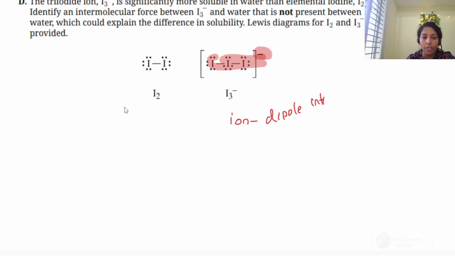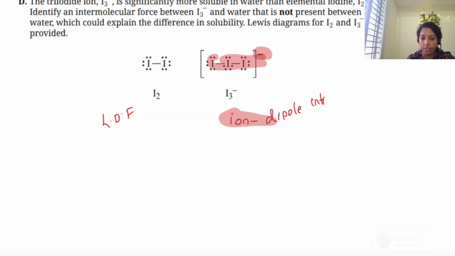And here what about I2? I2 is a non-polar molecule. So definitely there is only London dispersion force between I2, a non-polar molecule. So it's an induced dipole interaction between I2 and water. So no need of writing, just concentrate on this one.